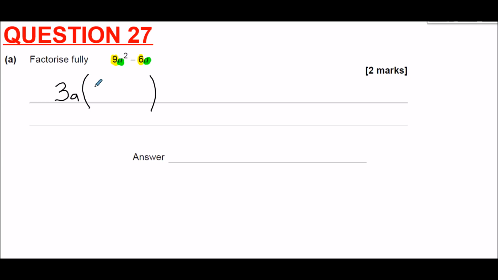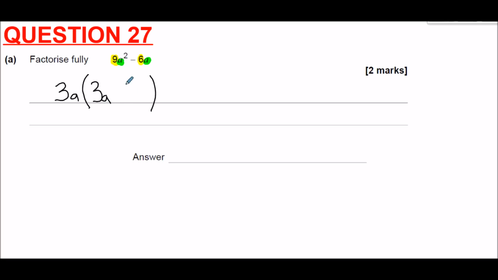The answer is we multiply it by 3. 3 times 3 gives us the 9 that we want. At the minute, we've got an A. For the first thing, we want to end up with A squared. What does A squared mean? It means A multiplied by A. So if we've got an A on the outside, we need an extra A on the inside to generate the A times A to give us the A squared.